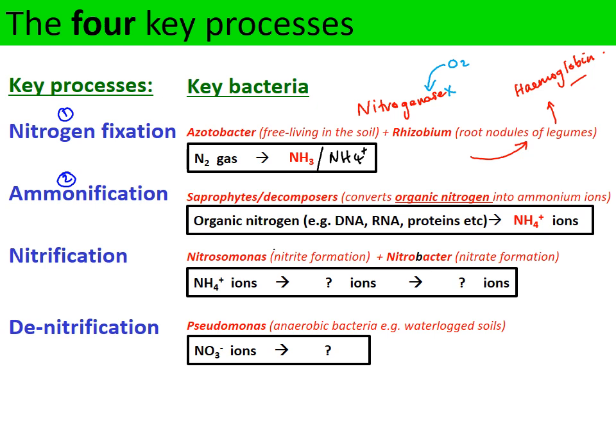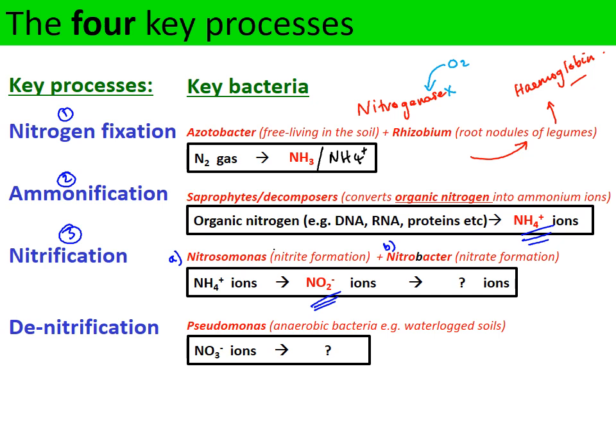The third step is nitrification. Now on the previous slide we did say there were two types of bacteria, Nitrosomonas and Nitrobacter. Now Nitrosomonas we know takes in the ammonium ions released into the soil as a consequence of ammonification, sometimes called putrefaction, decomposition, and Nitrosomonas converts the ammonium ions into nitrite ions here.